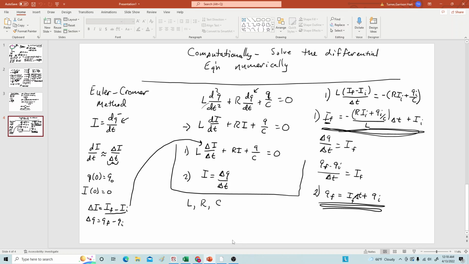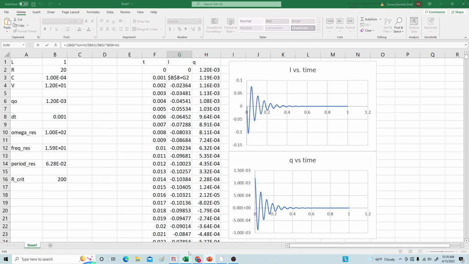R times I initial. So B2 is my R. Time, and again, since these values are specified, these are wrapped in dollar signs to keep their values constant. Times G2.